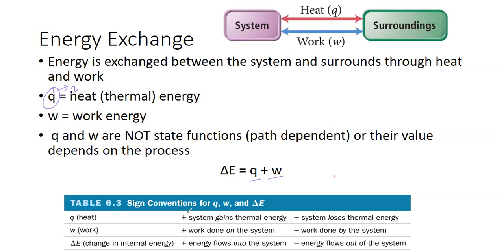So if my system gains heat, Q is positive. If it loses heat, Q is negative. If the surroundings do work on the system, work is positive. If the system does work, W is negative. You can think of work as like a spring, right?